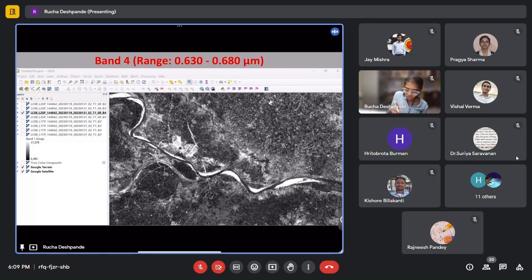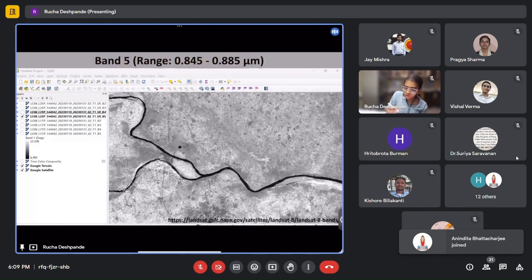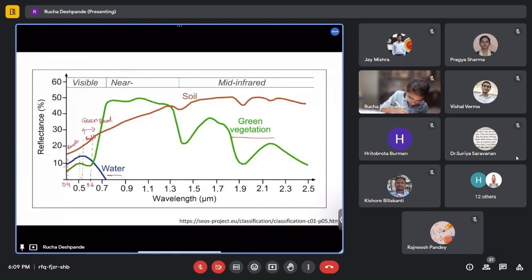Now in band 4, the range is 0.630 to 0.680. Again we will look at the spectra, almost something like this. And this is band 4.